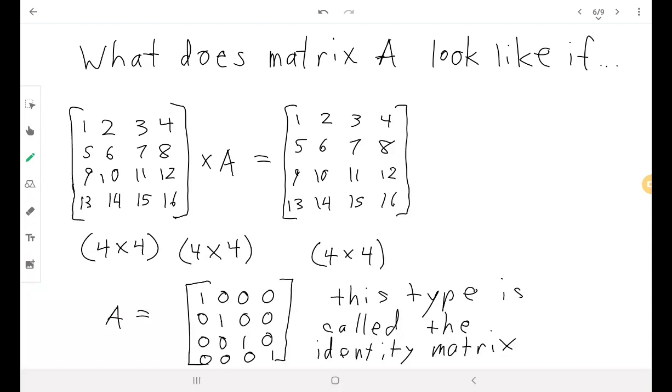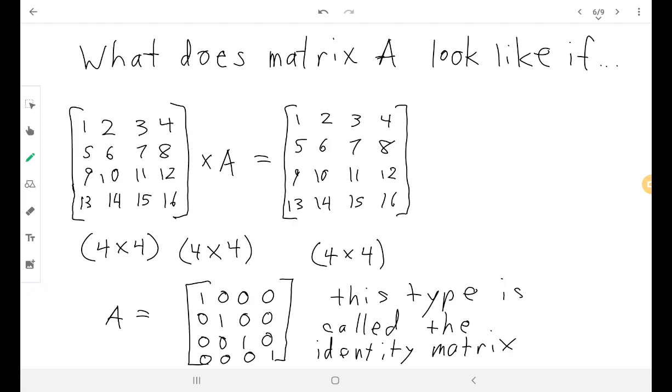It's because when you take a square matrix, this only works with square matrices, and multiply it by the identity matrix of that same size, the resulting matrix, the product, is the same matrix as the one you started with.